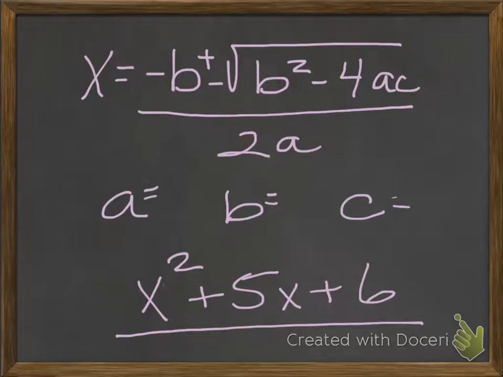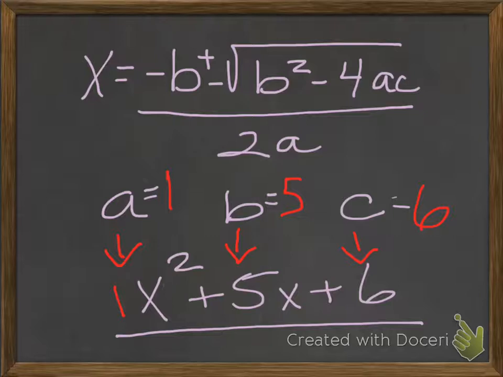So the A belongs to the coefficient of your quadratic, and in this case, you see it's a 1. The B refers to the coefficient of your linear, and that's a 5. The C refers to the constant itself, and that's a 6. So here we have it. Our A is 1, our B is 5, and our C is 6.